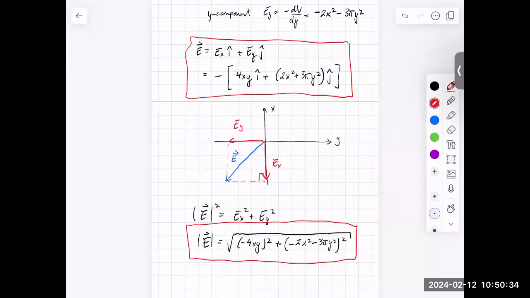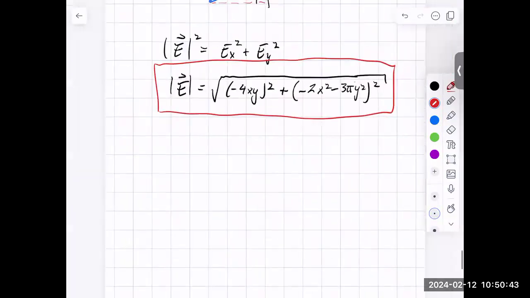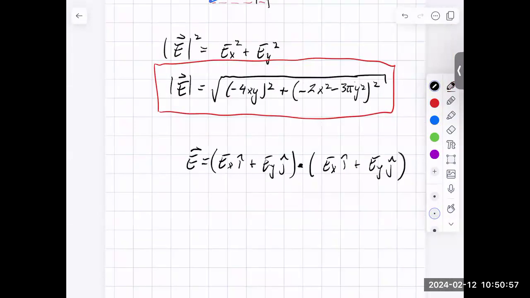Yeah, the dot product of the electric field with itself. Yes, it's also here. If I had E equal to Ex i hat plus Ey j hat dotted with Ex i hat plus Ey j hat, if I do i hat dot j hat, that's going to be 0 because they're perpendicular.